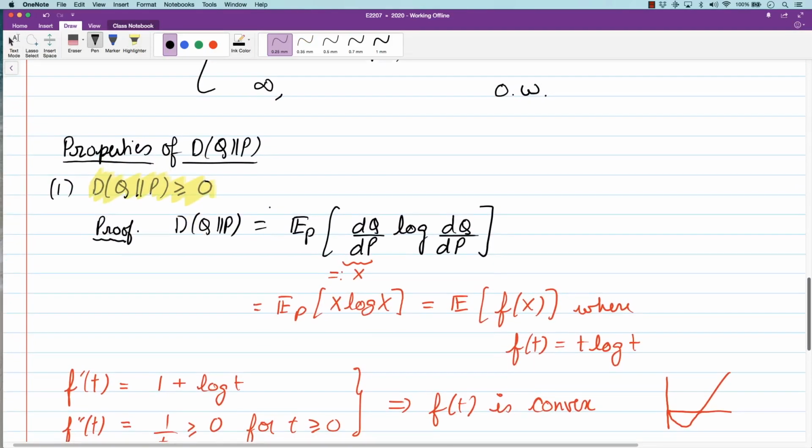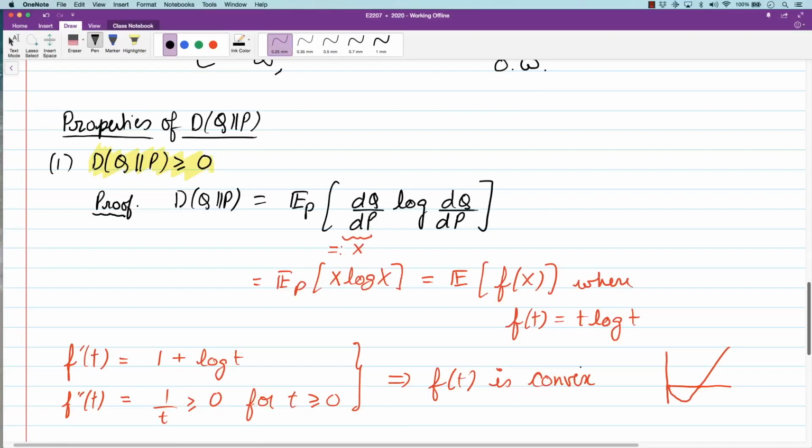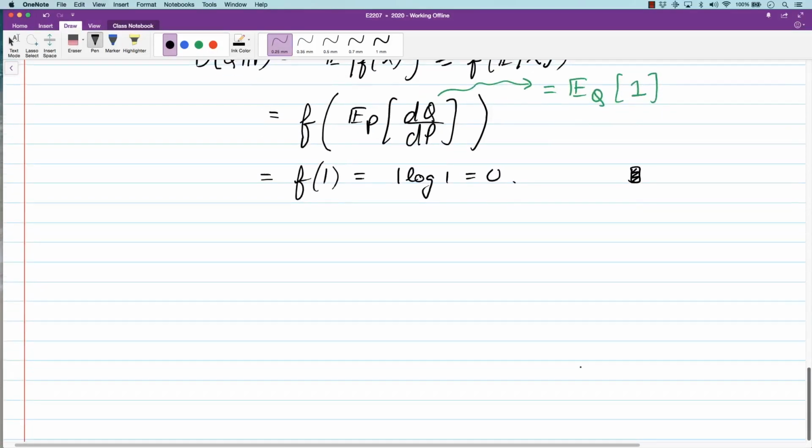The second property is what is sometimes called the chain rule.